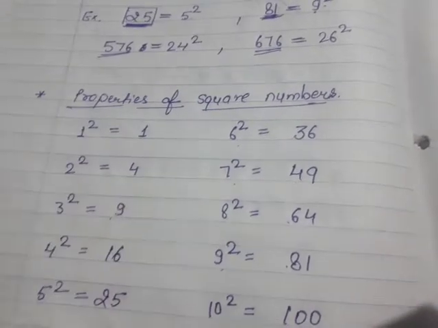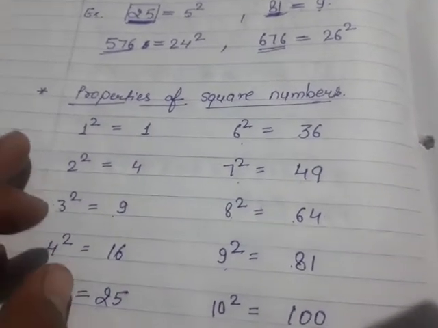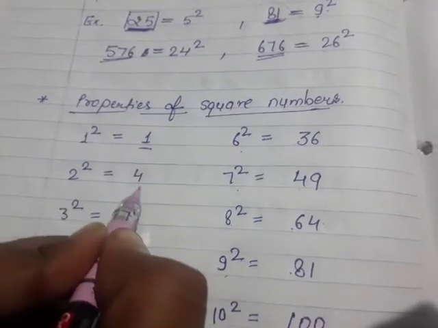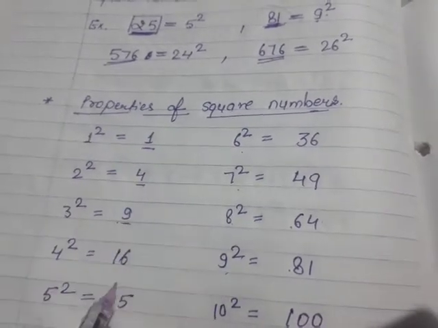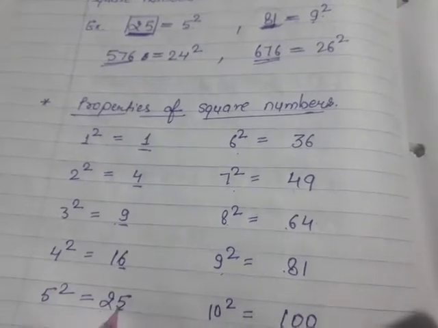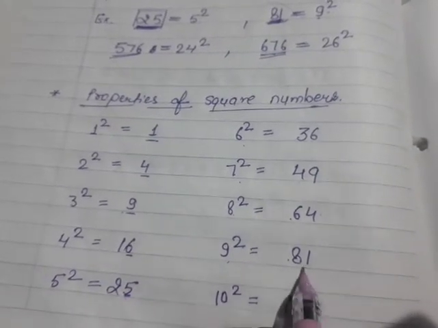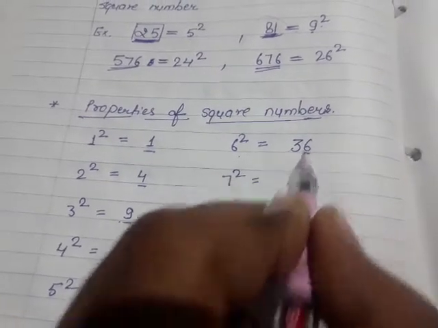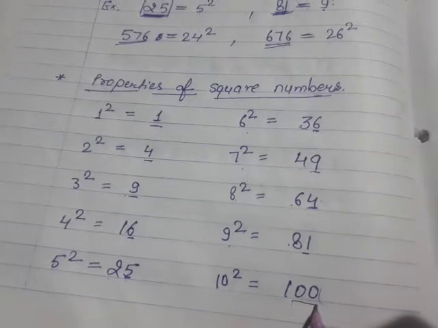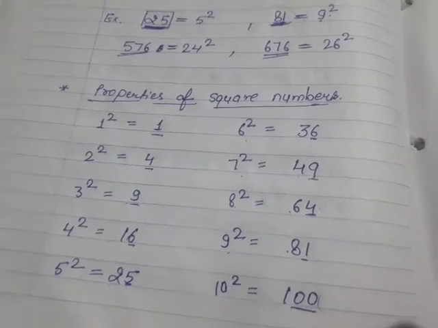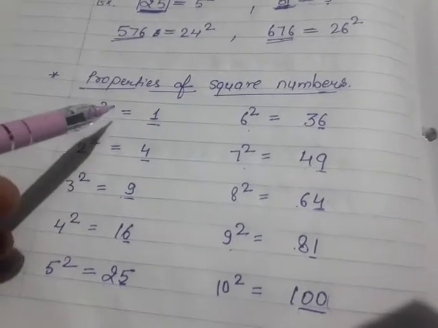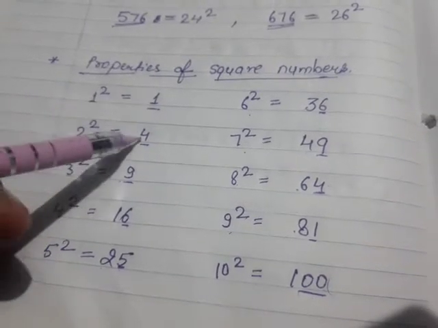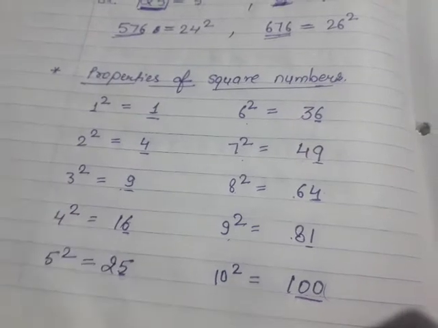If we find the square of any natural number, we get the unit digit 1, 4, 9, 6, 5, or zeros in pair.